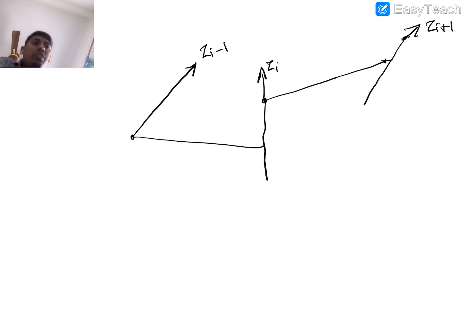Now you can see that this is the common normal between these two, and I assume that this is the common normal between these two. So I can draw the x-axis in red color. This is x i minus 1, in the sense it goes like this, and this is your x i. I'm just showing the parallel line to x i.